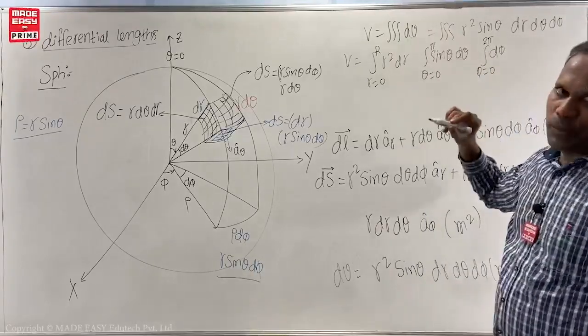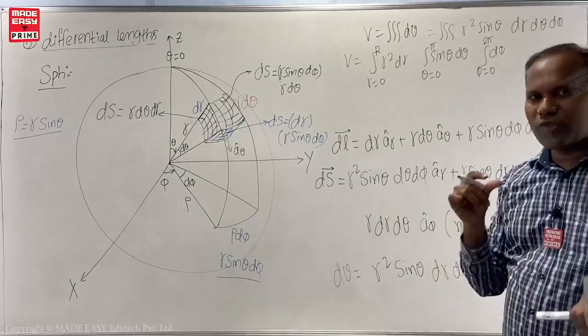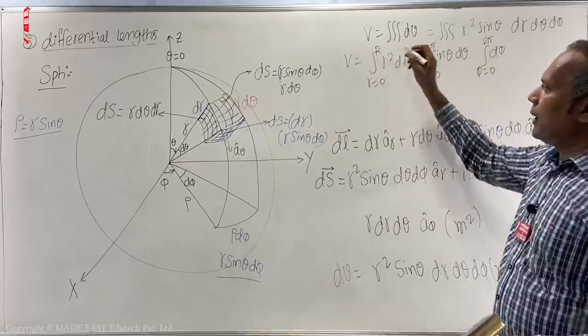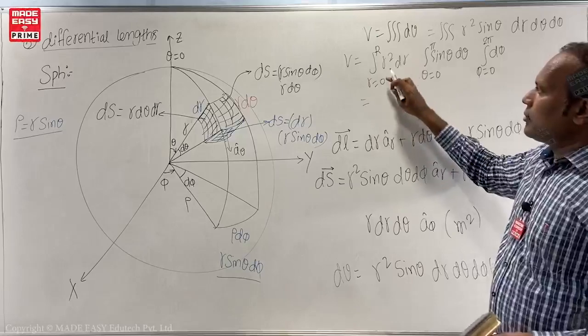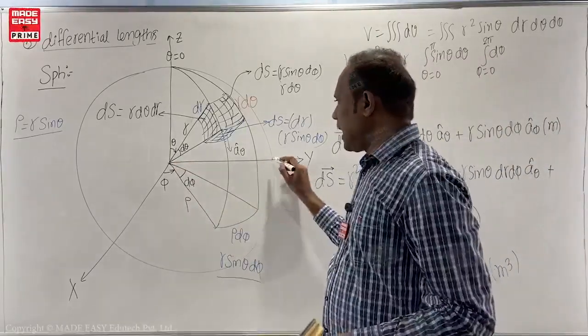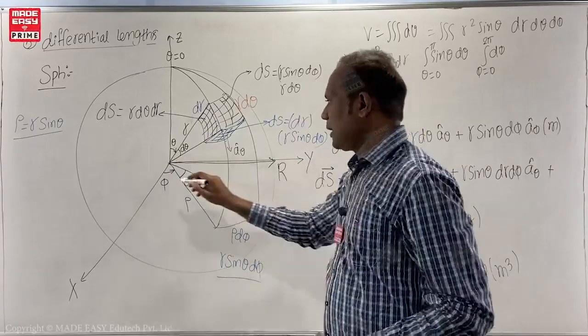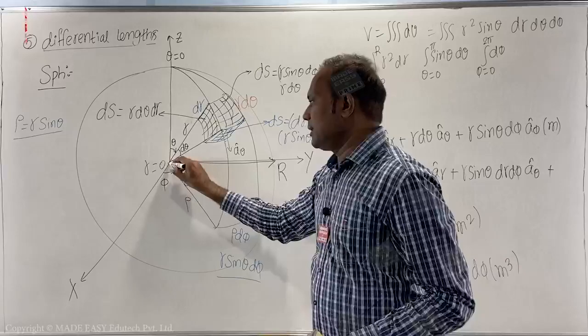Find the volume of a sphere of radius capital R. The radius is 0 at the center and the total radius is capital R. For example, this is the sphere.